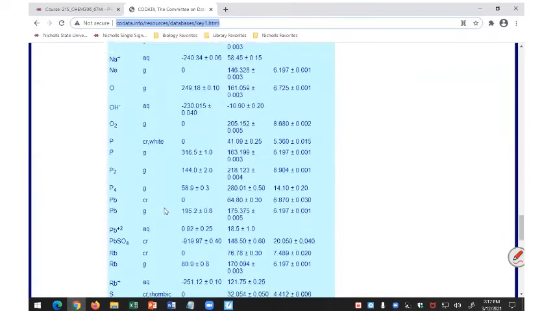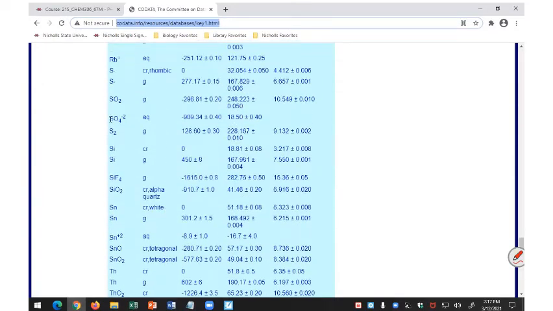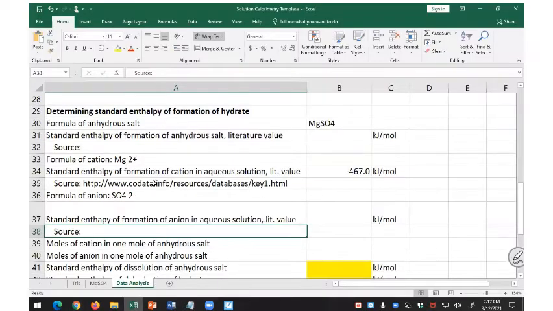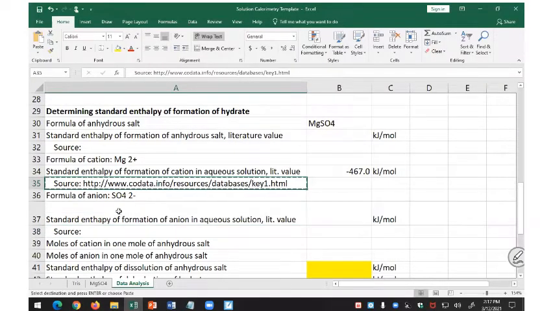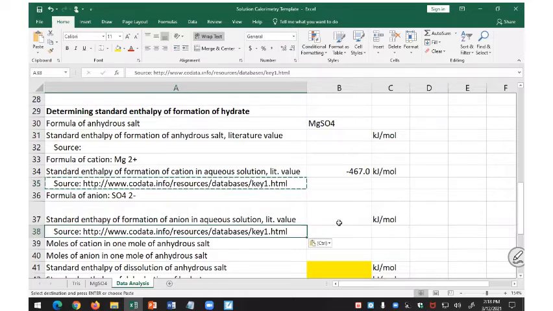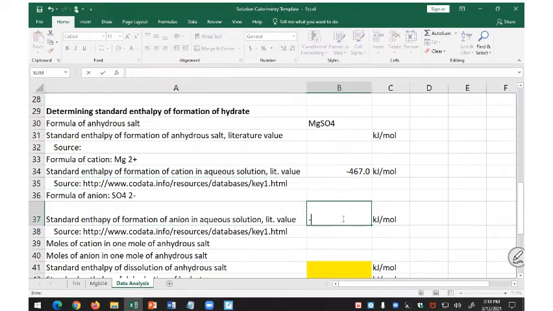Let's look for sulfur right here. Sulfate ion aqueous is minus 909.34. Okay. So same source basically. Minus 909.34.